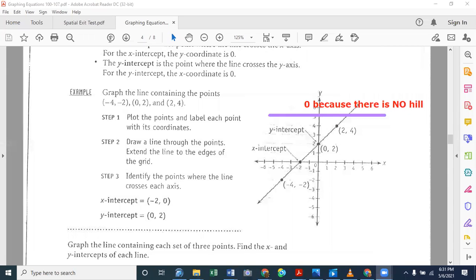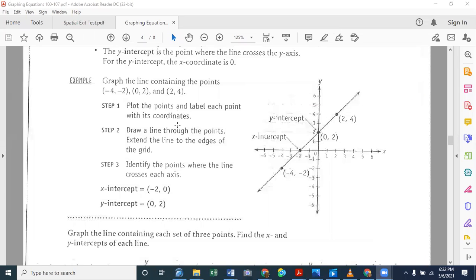That would be a flat surface. So there's no slope. And the equation of this one would be y equals whatever value the line is going through. So it looks like it's going through 5. So that would be y equals 5. Okay, so you have positive slopes, negative slopes, a vertical slope, and a horizontal slope.